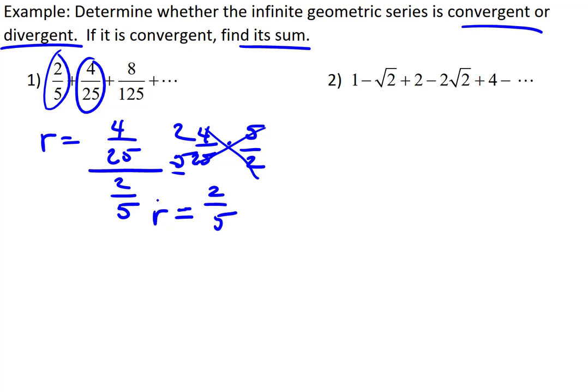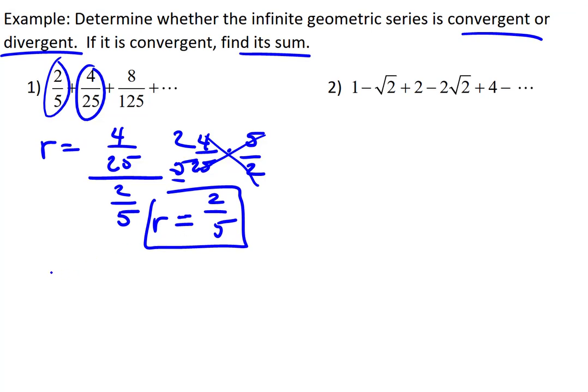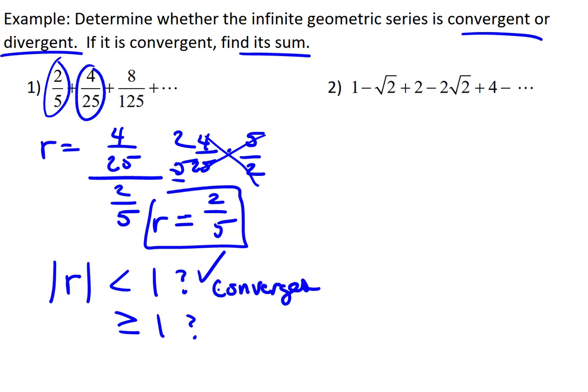That's r. Okay, well, if that's the case, remember our simple test is to determine whether the absolute value of r is less than 1 or greater than or equal to 1. Well, clearly 2/5, even when put in absolute value, is less than 1. And that's the case if you recall from our definition above, which tells us that this series converges.